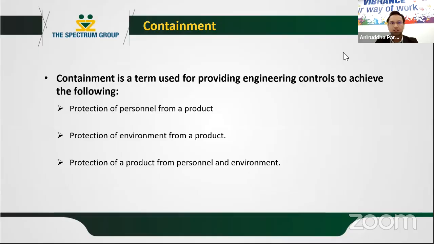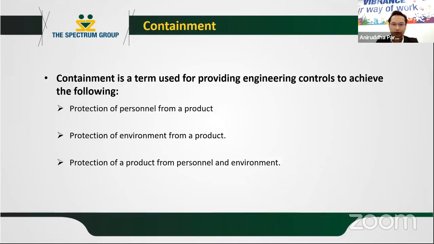Containment is typically a term used for providing engineering controls. So why do we need that? As I said, we are looking at potent products, so protection of personnel from the product becomes one of the prime importances. Then protection of the environment from the product: as the potent product moves around, it may further contaminate people coming into contact.